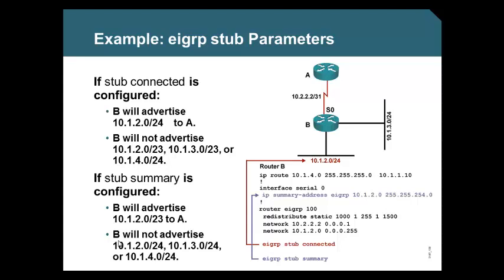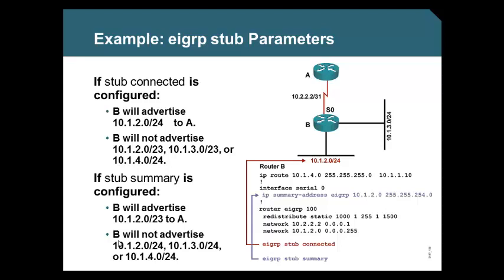Because we are saying stub connected, there is no connected network with /16. So it advertises only 10.1.2.0/24 and 10.1.3.0/24. It won't advertise anything less than a 24 prefix length nor any other network.